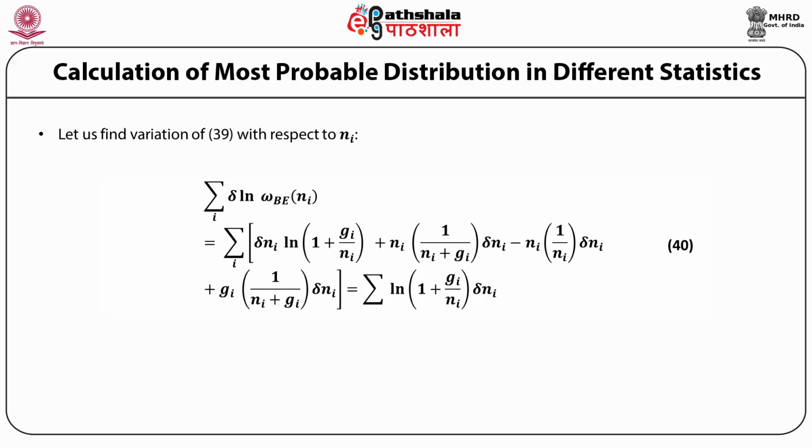This is equal to summation over i delta ni log of (1 plus gi by ni) plus ni multiplied by 1 upon (ni plus gi) multiplied by delta ni minus ni multiplied by 1 upon ni into delta ni plus gi into 1 upon (ni plus gi) into delta ni, which is equal to summation over i log of (1 plus gi upon ni) multiplied by variation in ni.